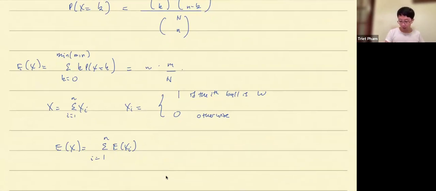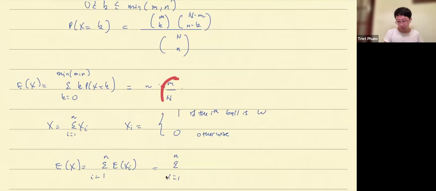And this will be, you see each of the X_i will be a white ball with exactly probability m over n. And again, some students might find this weird because doesn't the X_i have interaction? Why is it m over n?